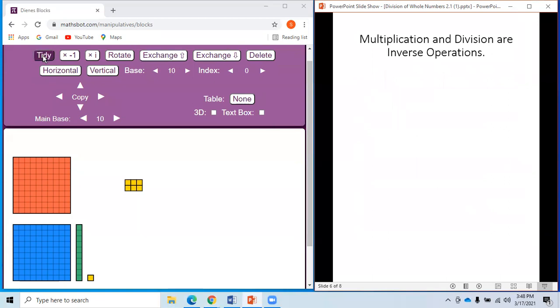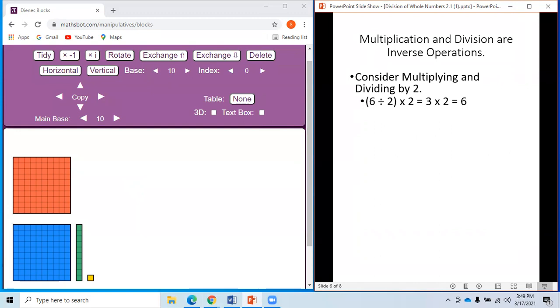Multiplication and division are inverse operations. Consider multiplying and dividing by 2. If I have 6 and I want to divide it by 2, here's my 6.